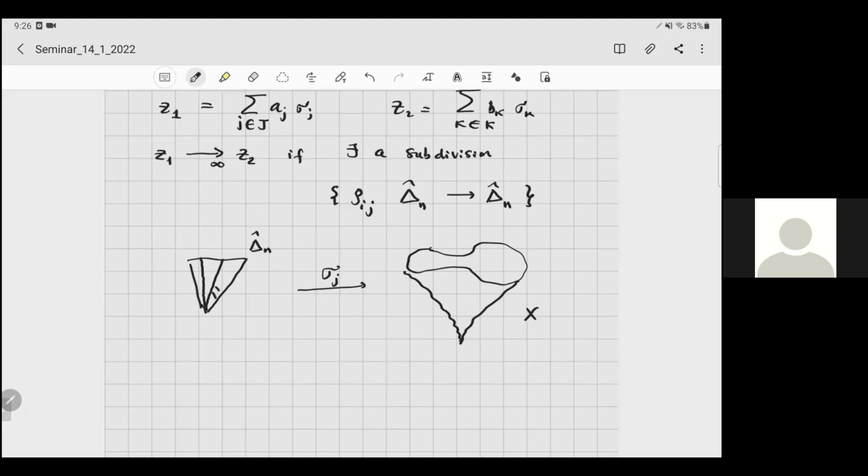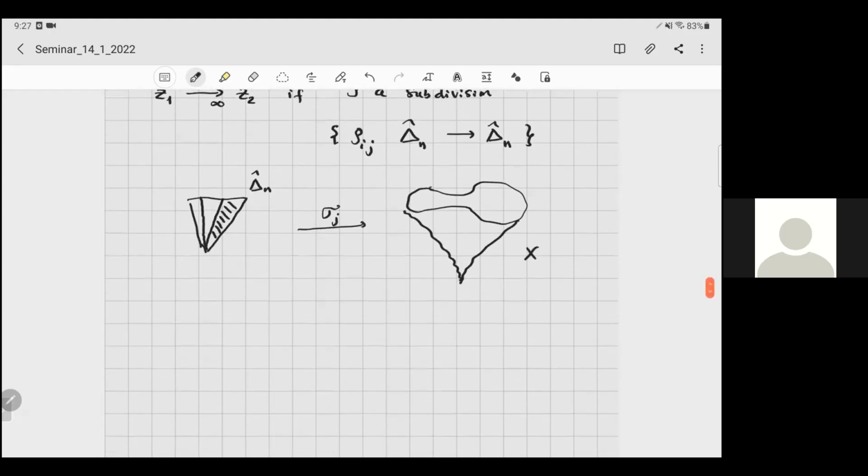So this is delta n, and we have a map over here. I call this map sigma_ij.